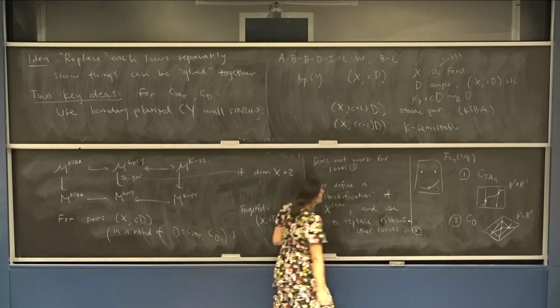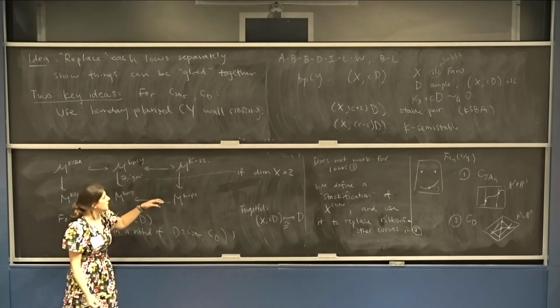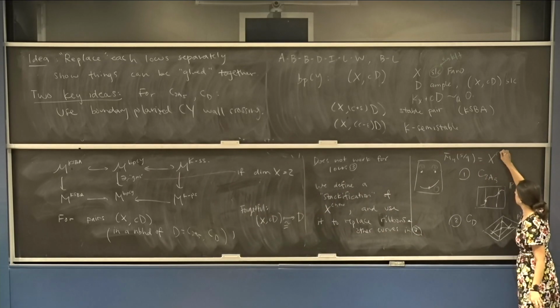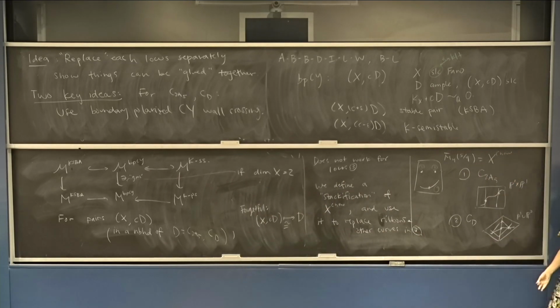So what do I mean by this? Just maybe I'll say in words. This M4 at 5/9 is this Chow quotient. It's a moduli space of cycles. So what we construct is a moduli space of actual curves that admits the Chow scheme, this GIT Chow quotient, as its good moduli space.